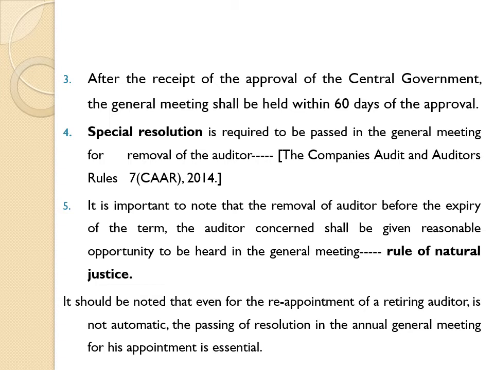After getting approval of the central government, a company is also required to take approval from the general meeting within 60 days from the approval of the central government. Special resolution is required to be passed in the general meeting for removal of auditor.